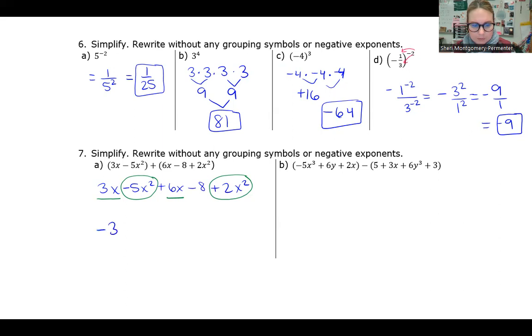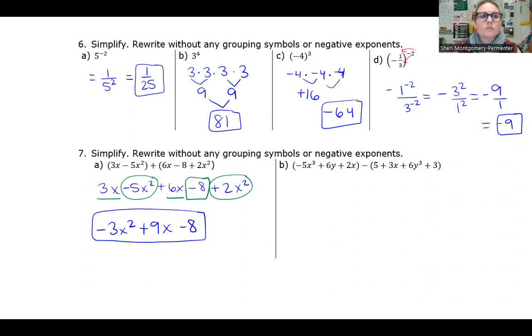So I have -3x squared. And then I'm going to go to just the x terms. So I have 6 and 3, so I have 9x. And then I have a lone 8 all by itself. And that's it.